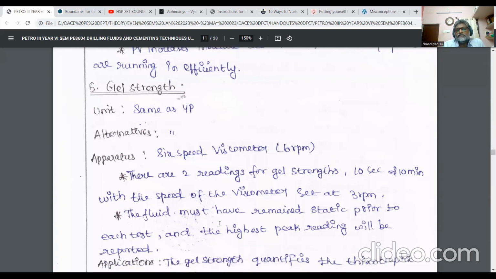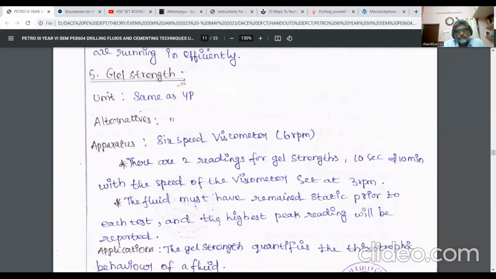What is gel strength? Gel strength is also the same as yield point. The unit for gel strength is also the same, and the apparatus is also the same: the EG viscometer, the 6-speed viscometer, with 6 RPMs. There are 2 readings for gel strength. You take 2 more readings, which refer conceptually to the gel strength, which is nothing but the strength of the fluid to become a gel.